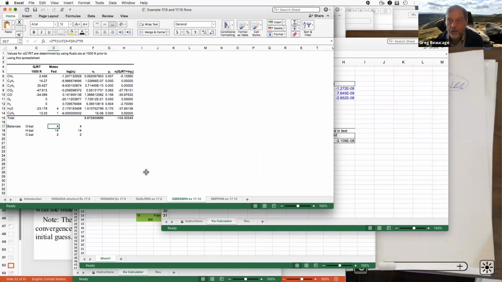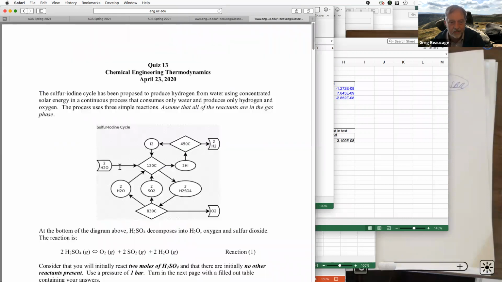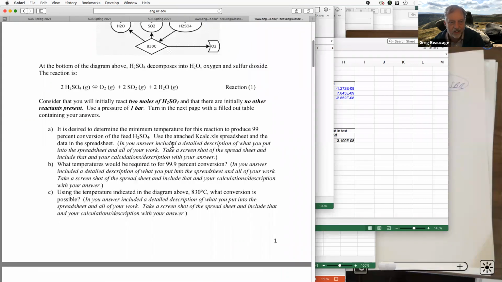So tomorrow I'll go through the old quizzes, I guess. There's 3 old quizzes that look good. So we can just go through those, like 2020, 2019, 2017. Those are all pretty good. We can go through them tomorrow. The 2020 does this Gibbs thing. It's for this reaction of sulfuric acid to water and sulfur dioxide.